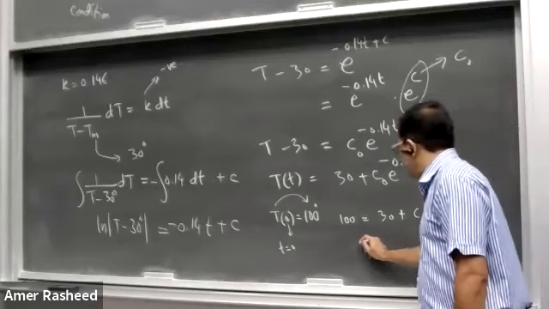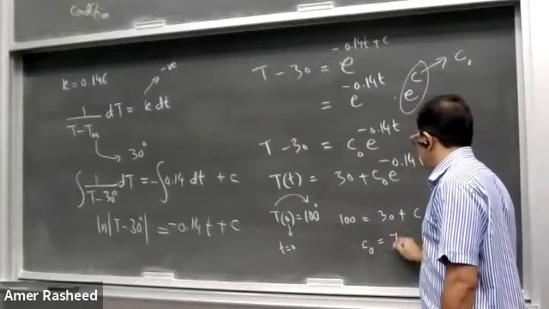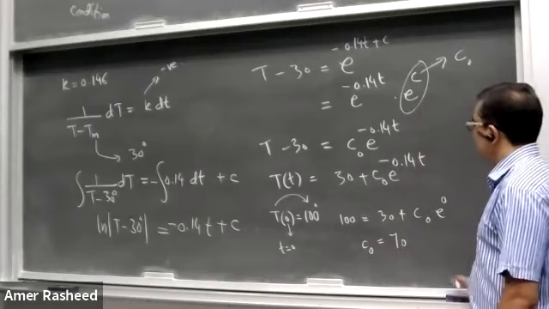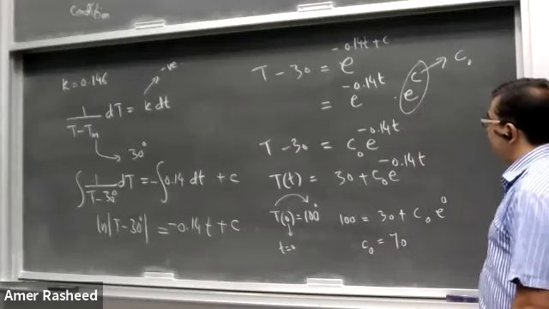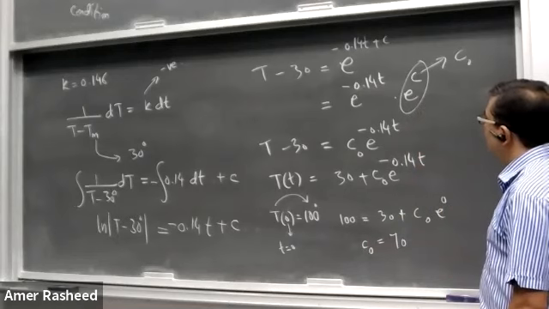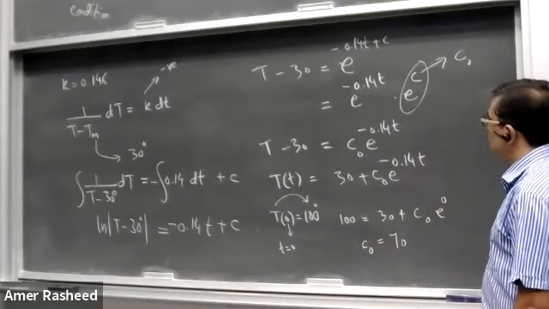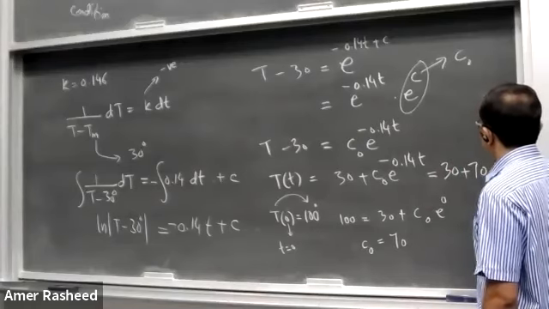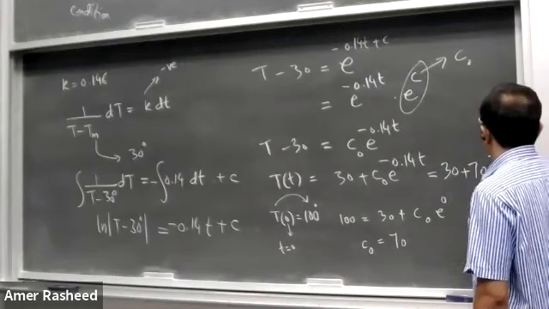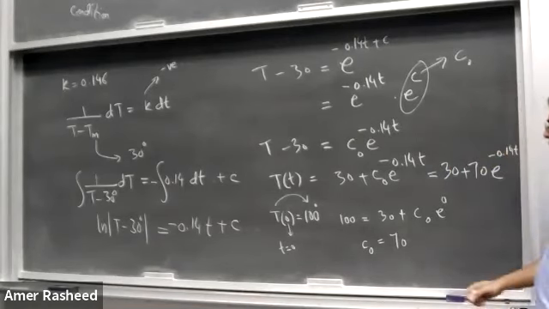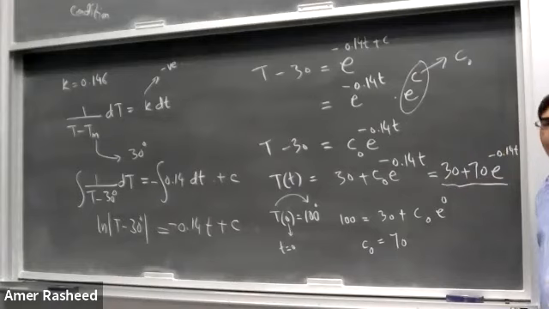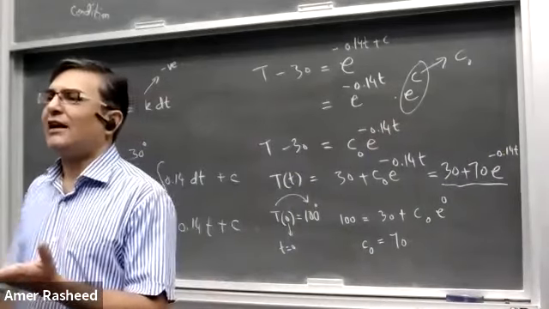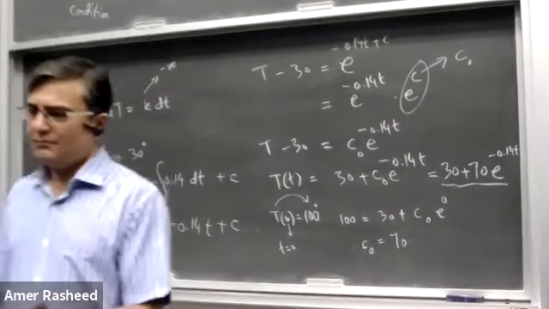From here, we get the value of c naught, which is 70 degrees. So our complete solution is 30 plus 70 e raised to minus 0.14 t. Now you can compute the temperature of that cup of tea at any time.